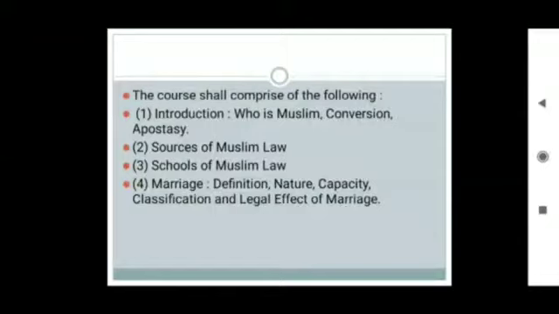Then in the fourth one, marriage in Muslim law. What do we call a marriage proposal? What is its acceptance, the language? We'll understand about the essentials, the competence. For example, in Muslim law we call a marriage proposal ijab and acceptance qubul.